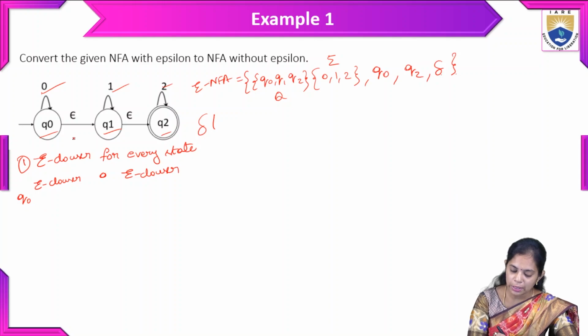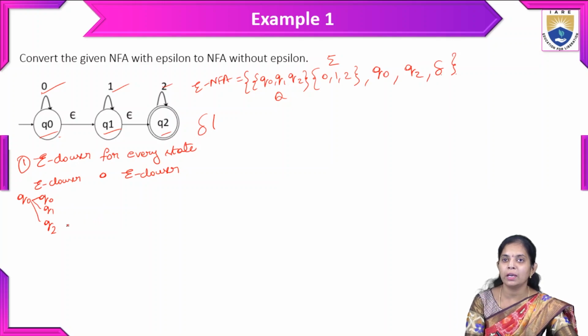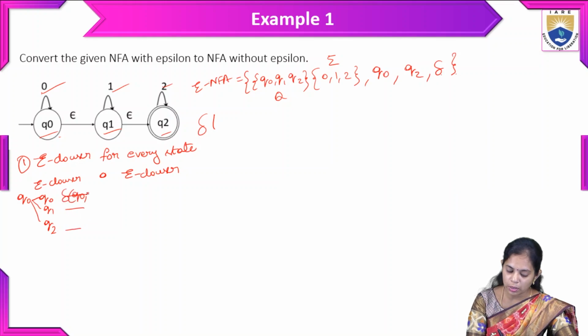So for Q naught, epsilon moves: itself it has the epsilon symbol, and Q1 is also having, and Q2 is also having the epsilon symbol. So for Q naught we have 3 values: Q naught, Q1 and Q2. After finding the epsilon closure of Q naught, we need to find the transitions: transition of Q naught comma 0, transition of Q1 comma 0 and transition of Q2 comma 0.